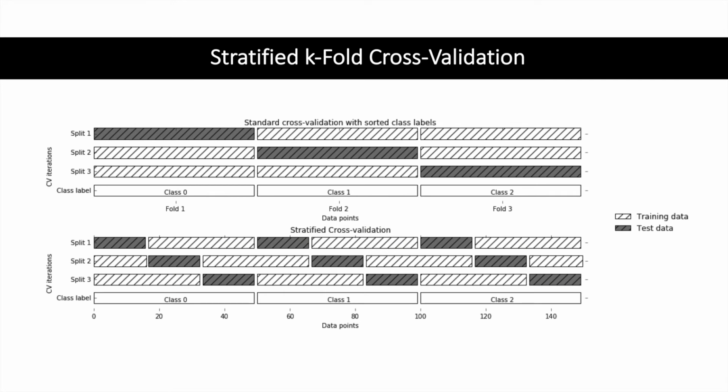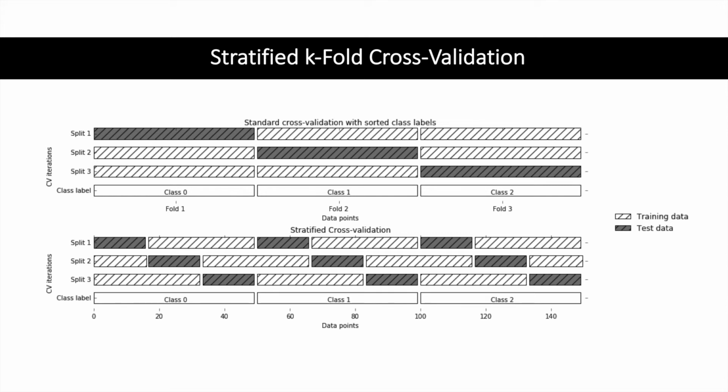The fact is that splitting the dataset into k-fold by starting with the first 1/k part of the data, as you saw in the 5-fold, is not always a good idea. Let me give you an example. For example, if we have a data set where the first third of the data is class 0, the second third of the data is class 1, and the last third of the data is class 2, then if we do a threefold cross-validation on this data set, the first fold would only be class 0.